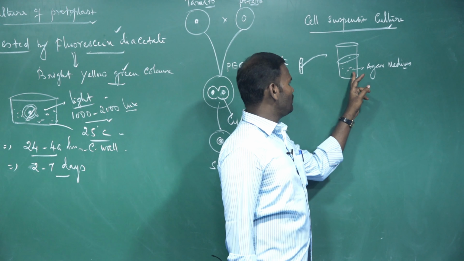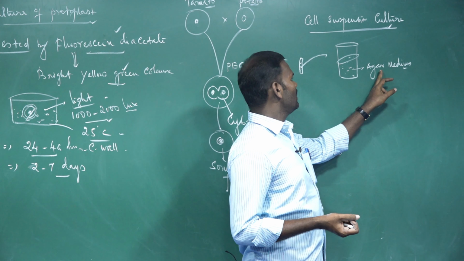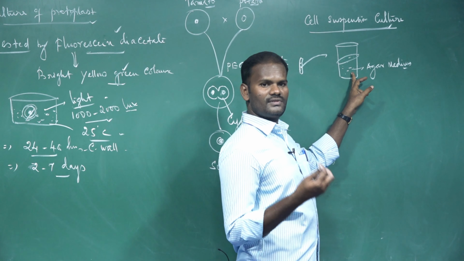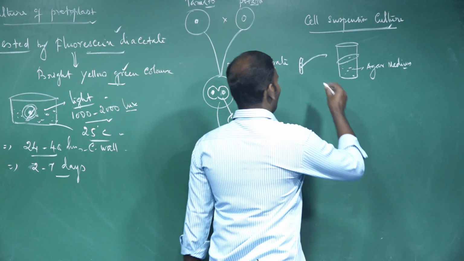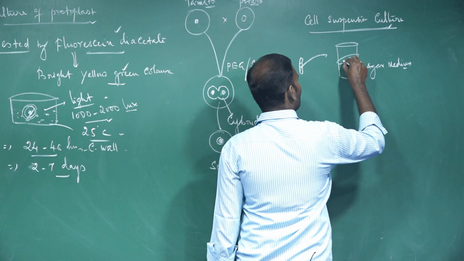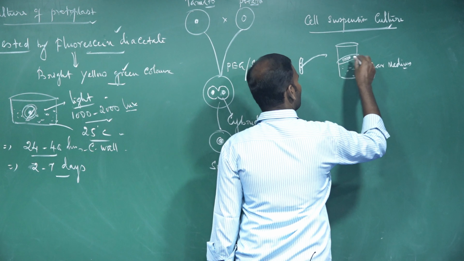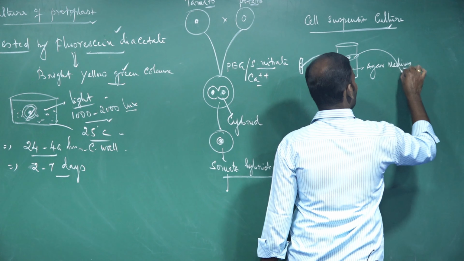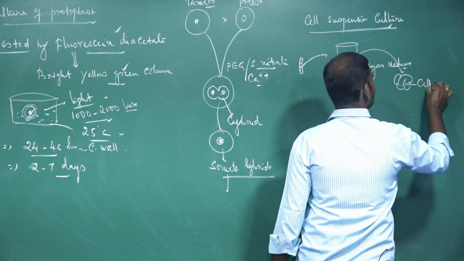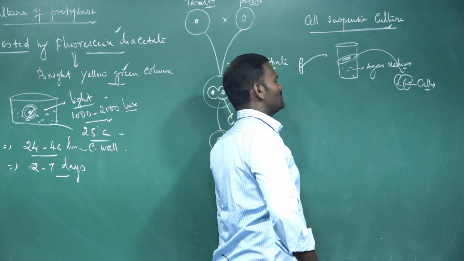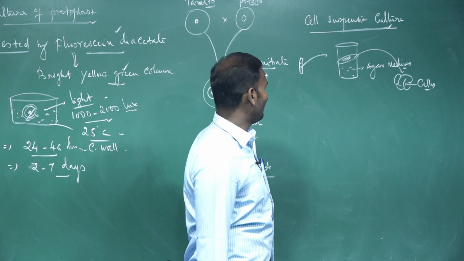The agar is added to the medium and gets solidified. These are called agar mediums. The explants are introduced into the agar medium, and as I said, they are induced to form callus. Callus is an unorganized mass of undifferentiated tissue.